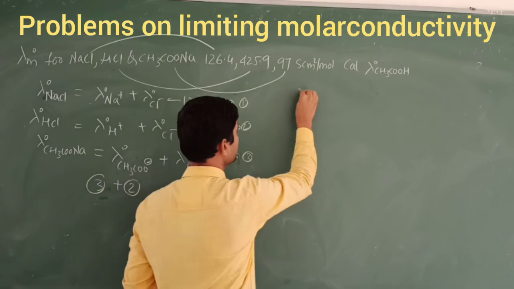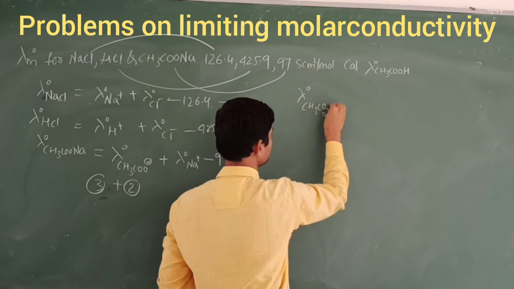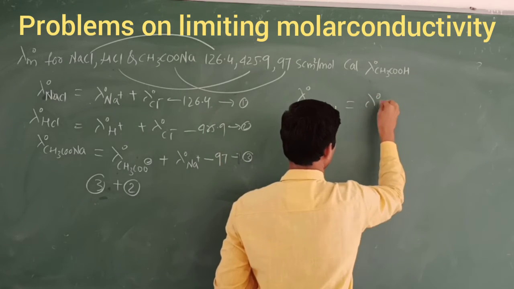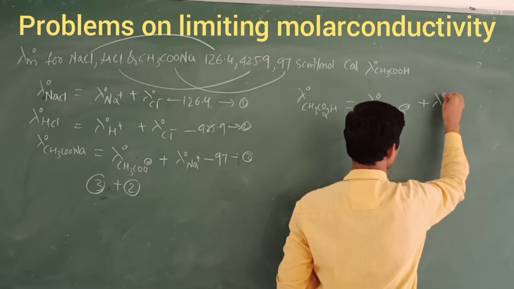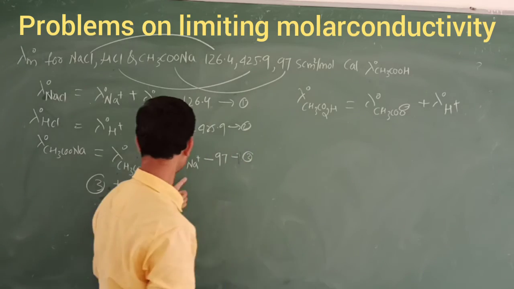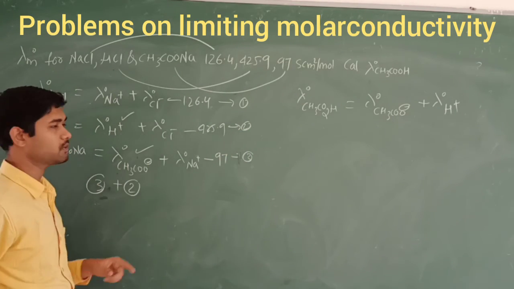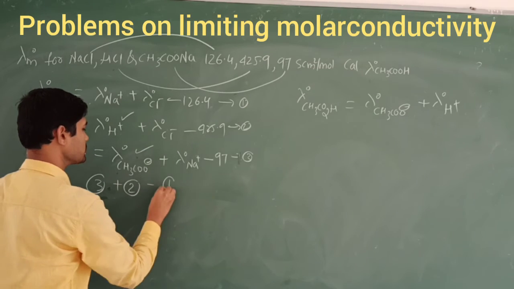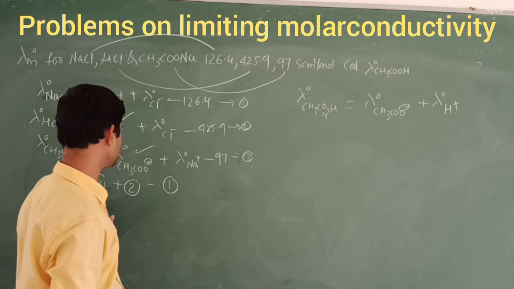You know how to write this. Acetic acid we write as the acetate ions, CH3COO⁻, plus H⁺. Here in equation 3 we got the acetate, and in equation number 2 we got H⁺. But what about the remaining? We are going to subtract equation number 1. First we add equation 3 plus 2.